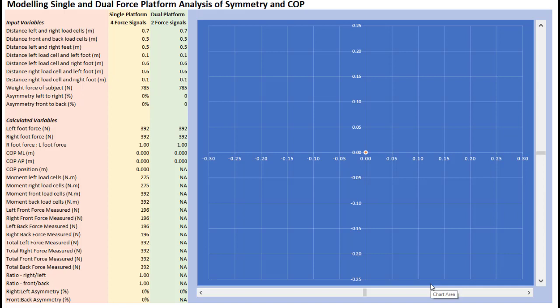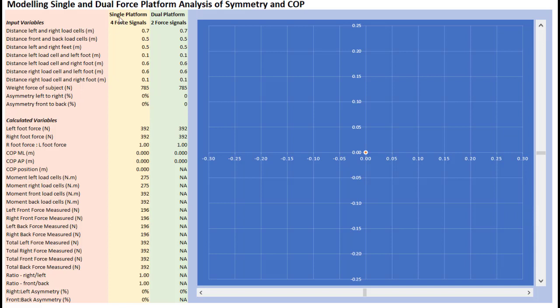And also within this, two force plates side by side. So if you like, split down the middle here at this zero line, with one force plate here and one force plate here. For the single force plate, I have modeled it as having individual load cells in each corner, each providing a force signal.